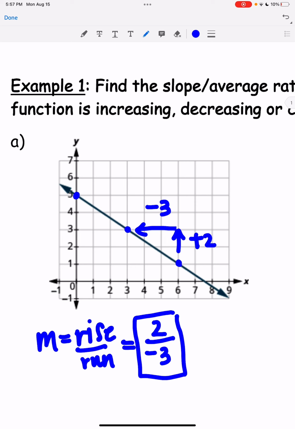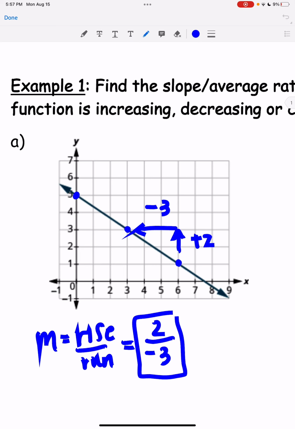It doesn't matter which of these 2 points you pick, you get the same answer no matter what. If I go from the middle one to the top one, you're going up 1, 2, you're running 1, 2, 3. If you go from the bottom point to the top one, you get the same answer, but you have to reduce first.